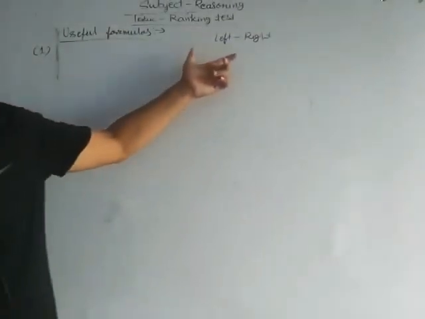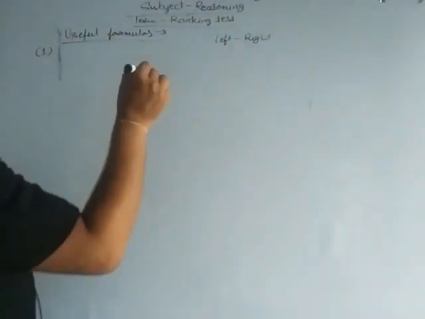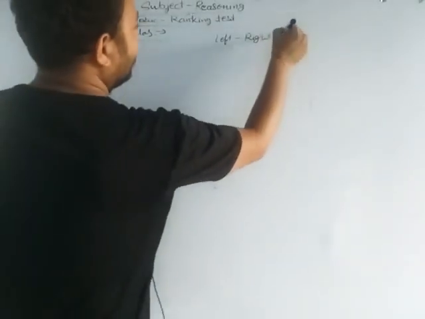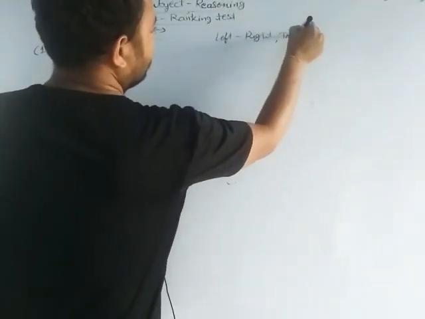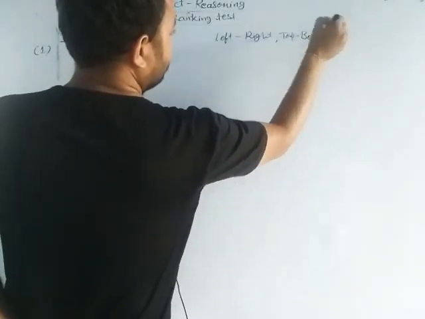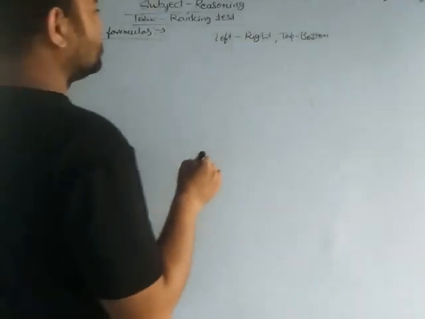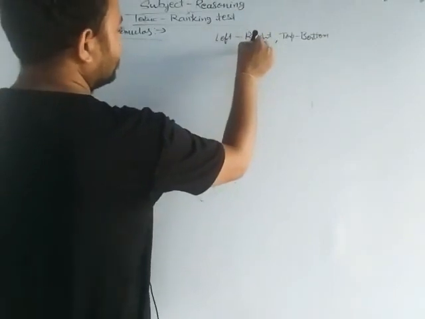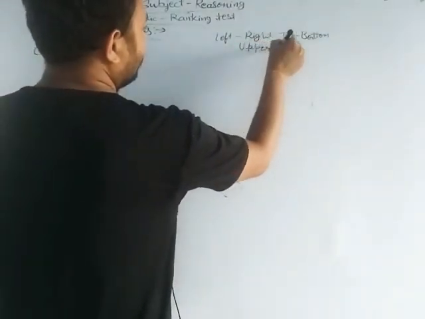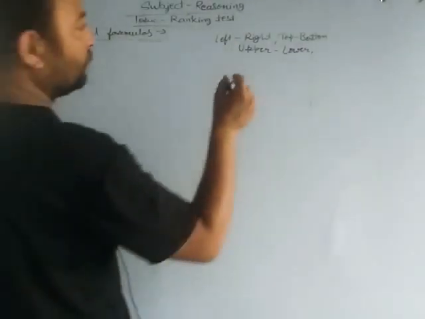In a row, if one end is left, then the other end is right. If one end is top, then the other end is bottom. If one end is upper, then the other end is lower. So these are the ends of a row.